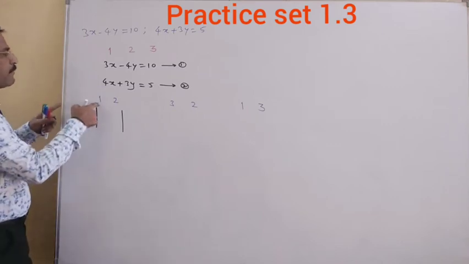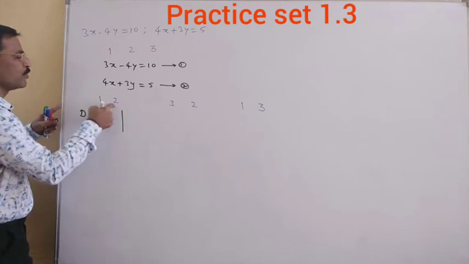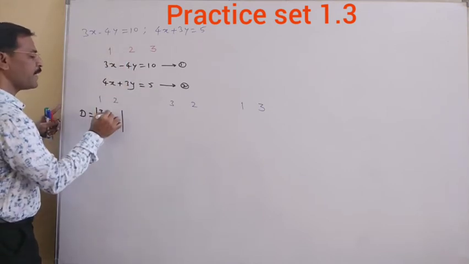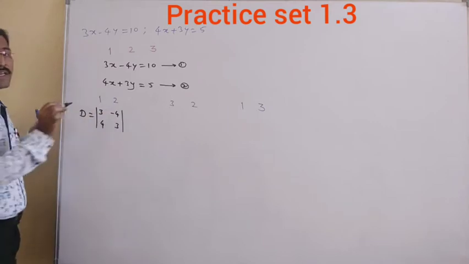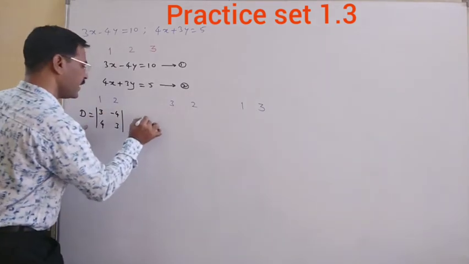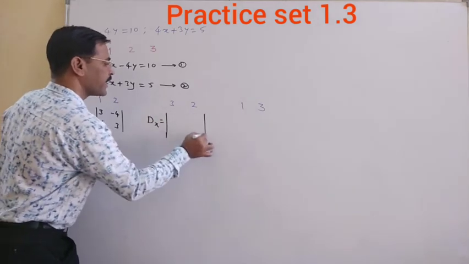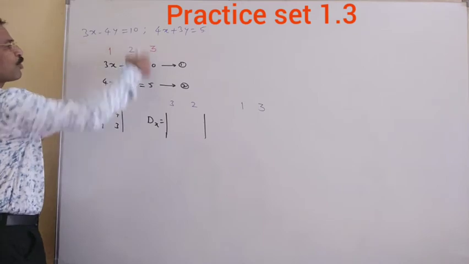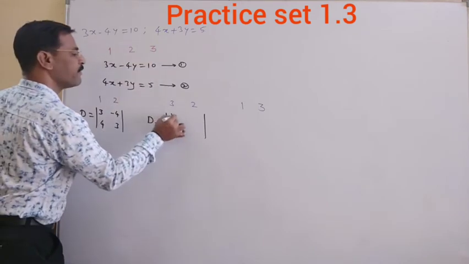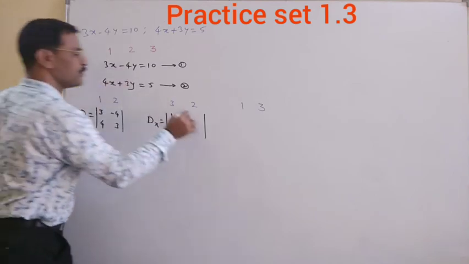So for D, here we only write the coefficients: 3, 4 from the first column, and minus 4 and 3 from the second. Whenever there is a minus sign, don't forget to write it. This is D. Now write Dx: 3 means the third column, 10, 5, and 2 means the second column, minus 4, 3.